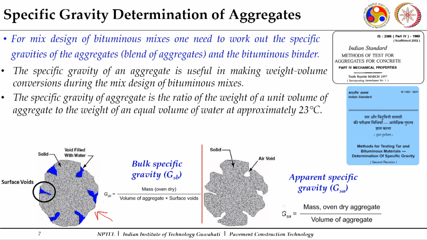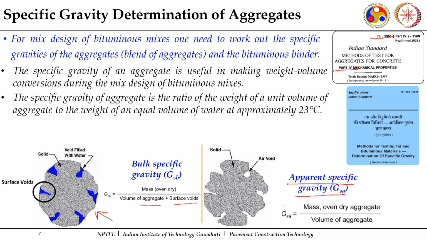So, it is a saturated surface dry condition. For this particular case, the specific gravity is determined as the oven dry weight over the volume of aggregates plus the surface voids filled with water, and that gives you the bulk specific gravity. The other one, if there is no water absorption considered, is the apparent specific gravity. This is already given in IS 2386 part 4, as well as the determination procedure.